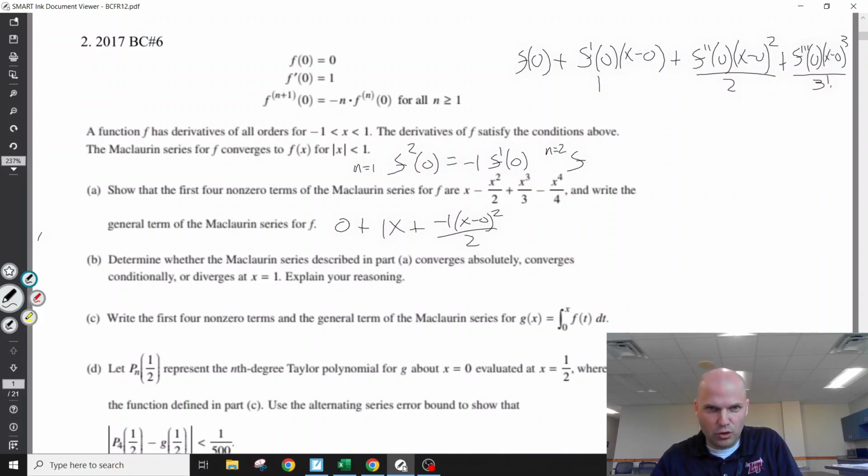If I plug in 2 for n, I'd get the third derivative equals -2 times the second derivative of 0. The second derivative was -1. Multiplying that by -2 gives me +2. So I have +2 times x minus 0 cubed over 3 factorial. The 2's will cancel. It just gives me that. That's good.